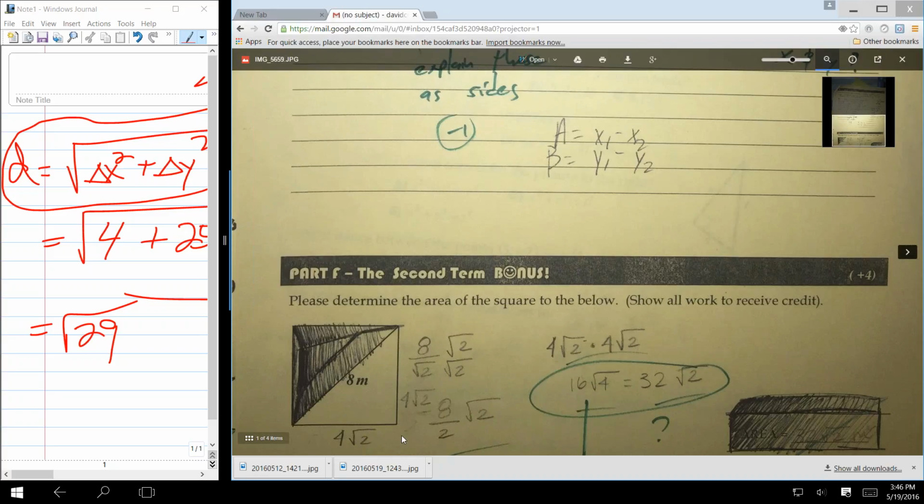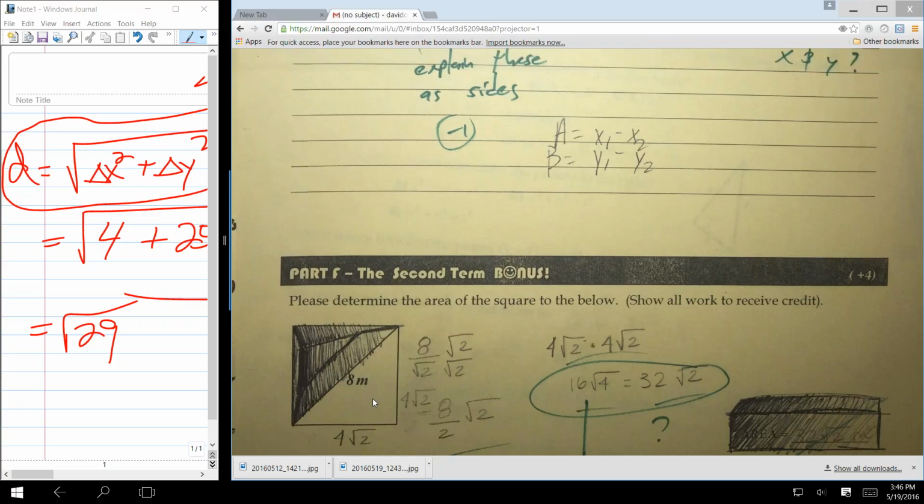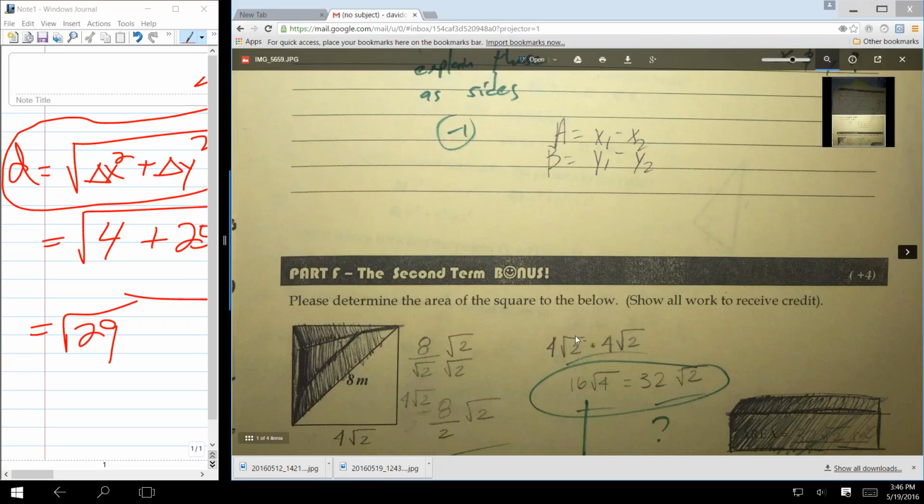If you've got it right, if this is 4 root 2 and this is 4 root 2, what's the area of the triangle? What's the general equation for the area of a triangle? 1/2 base times height. Okay, well this is base times height. So I have to divide by 2. Yeah.